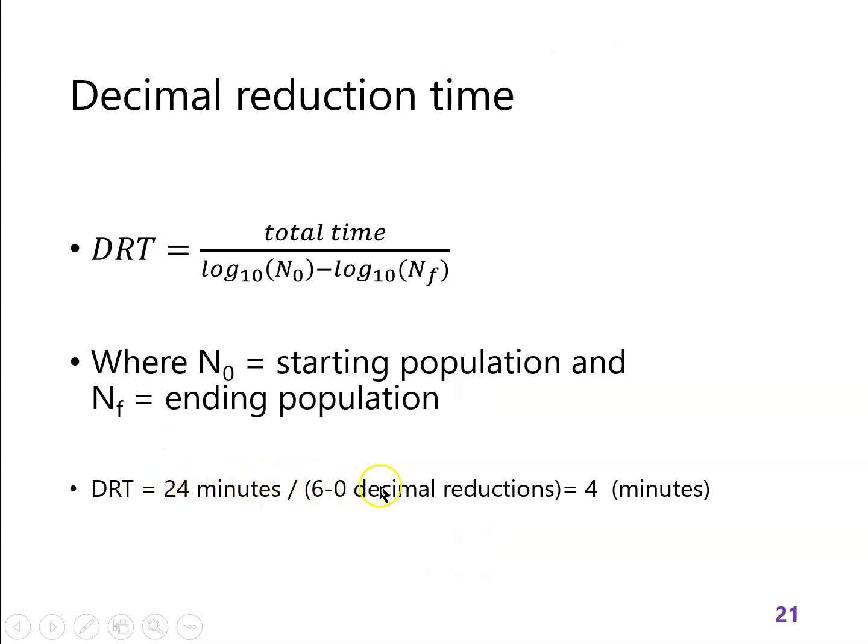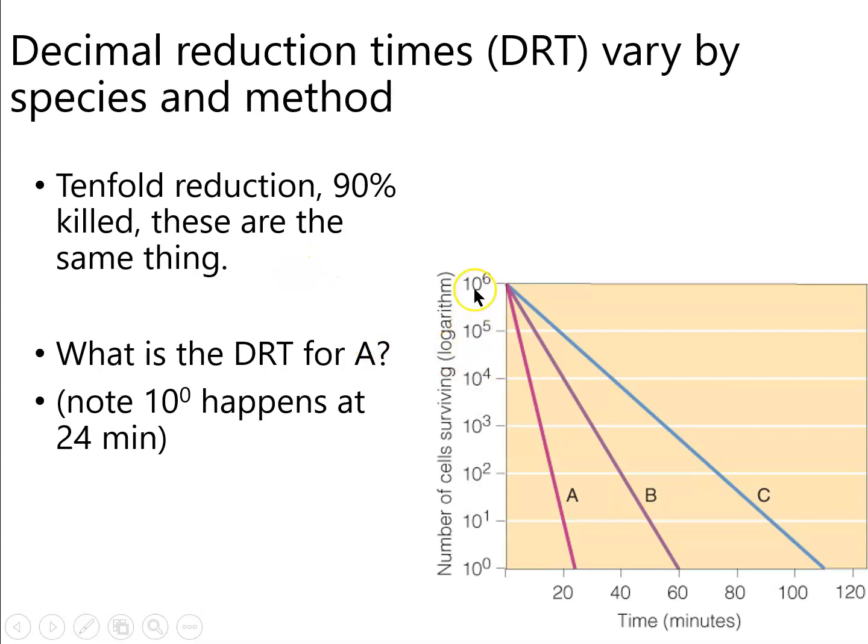And that's the calculation I did here. And the formula here is decimal reduction time equals the total time divided by the logarithm of the initial population minus the logarithm of the final population. And that logarithm stuff means taking this number as if it were just 6. So the logarithm of this number is 6.